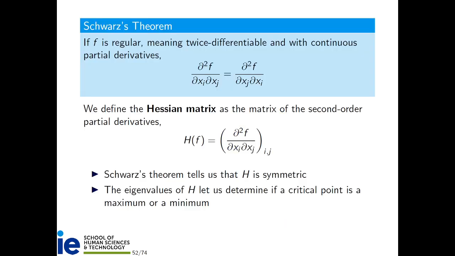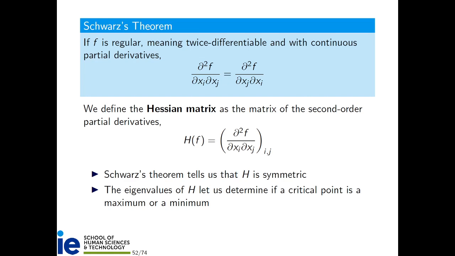So we have all these objects, all these partial derivatives of order 2, and what we can do is store them in a matrix that we call the Hessian matrix. So it's a matrix where in position ij, I put the derivative of second order, where first I differentiate with respect to xi, and then I differentiate with respect to xj.